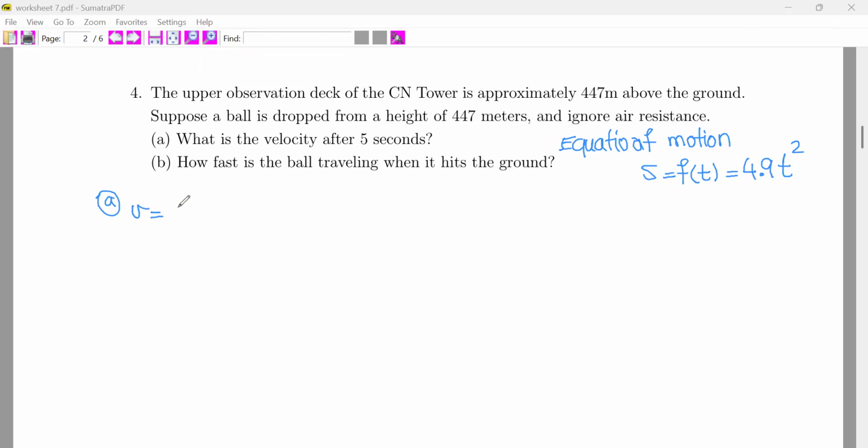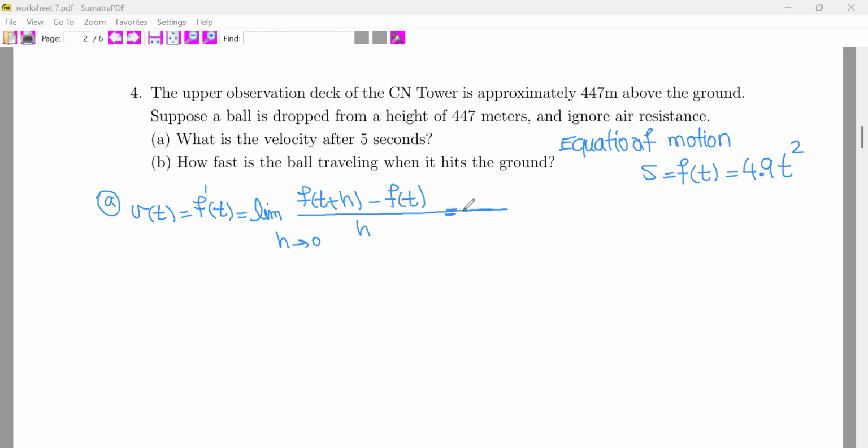So we know that velocity at the point t is the derivative of the equation of the motion, which is f prime of t here. So it will be the limit of, rewriting the formula when instead of t we have t plus h, f of t plus h minus f of t all over h when h is approaching 0.